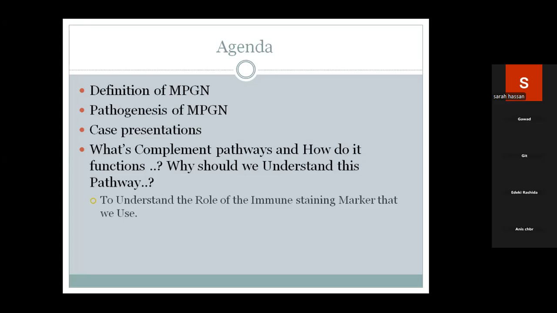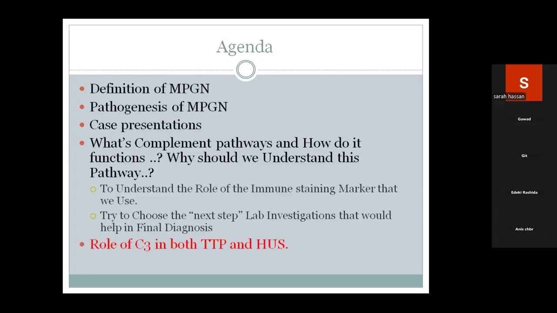So you should understand what's going on physiologically to know what you are interpreting and to have a clear diagnosis and to try to choose the next step. What's the lab investigation you have to do, either you are a nephrologist or for pathologists to have a beneficial comment in our report.